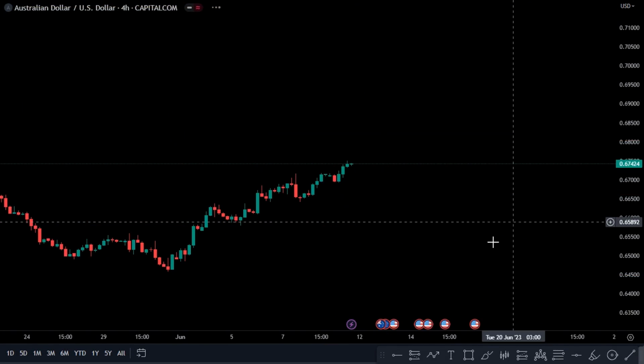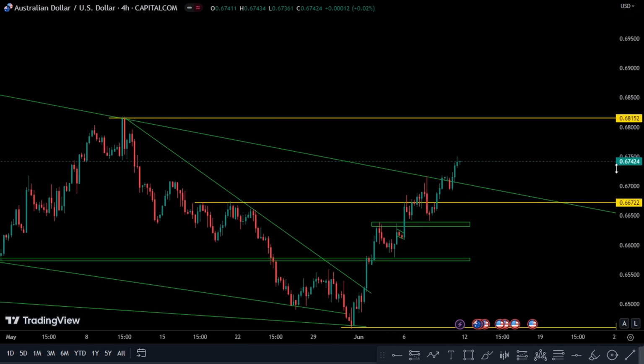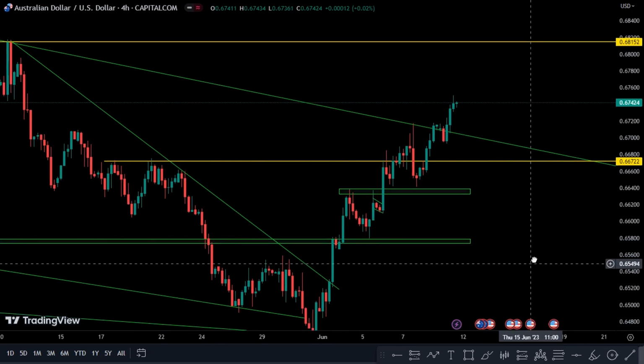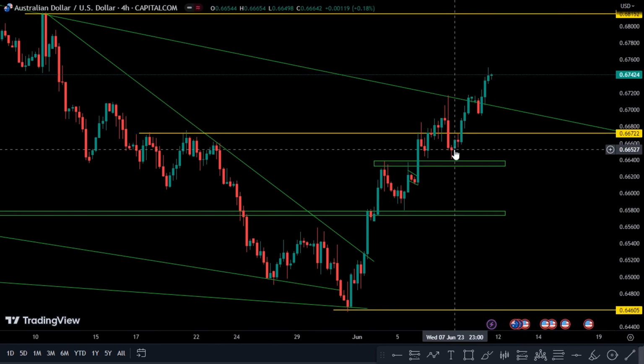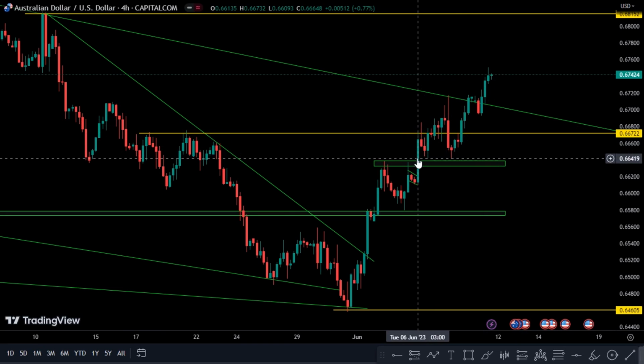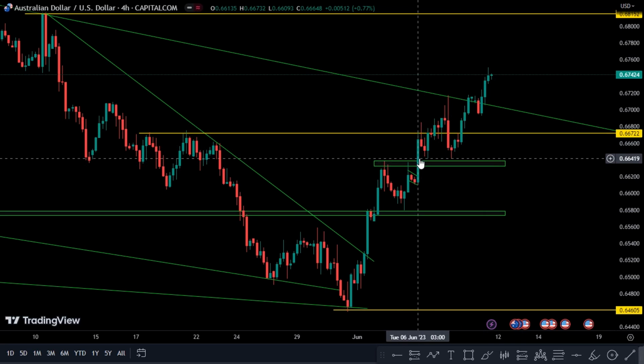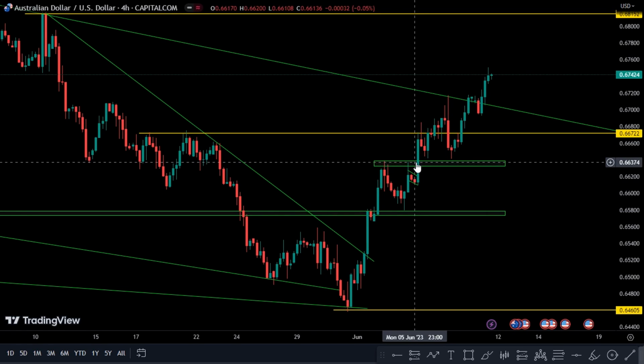Remember, we are combining technicals and fundamentals in order to get a proper sentimental perspective inside the market. If I remember correctly, this was the reaction of the market to the AUD interest rate, which was anticipated to be on hold, but then the Australian bank ended up surprising with a 0.25% hike.